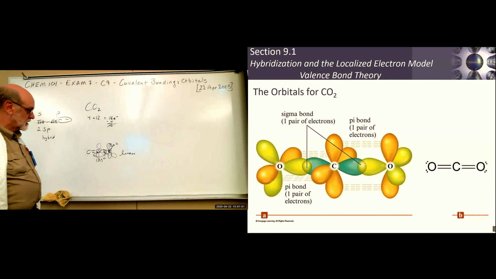Okay, so let's move to the nitrogen molecule. We know it's diatomic. And we also know that each nitrogen has 5, so that's 10 electrons.